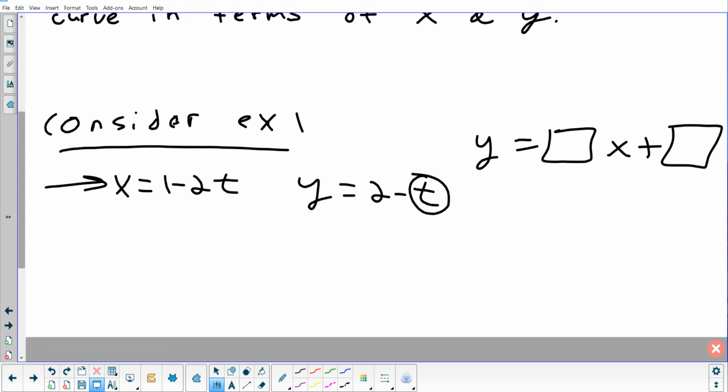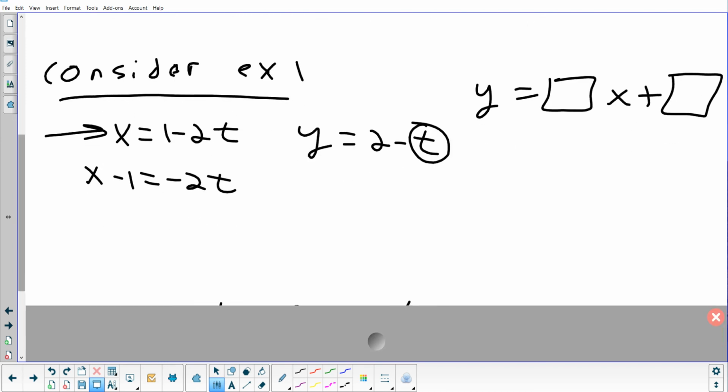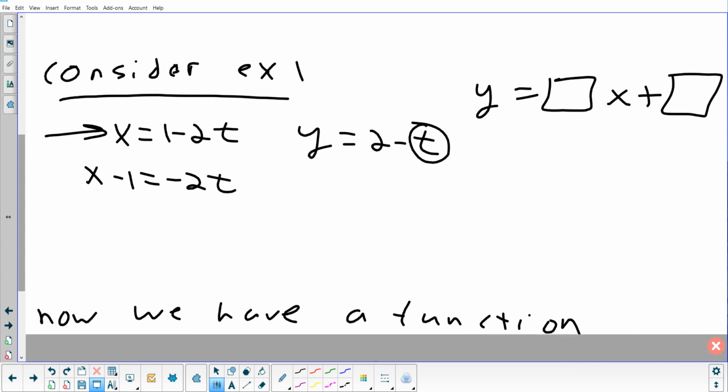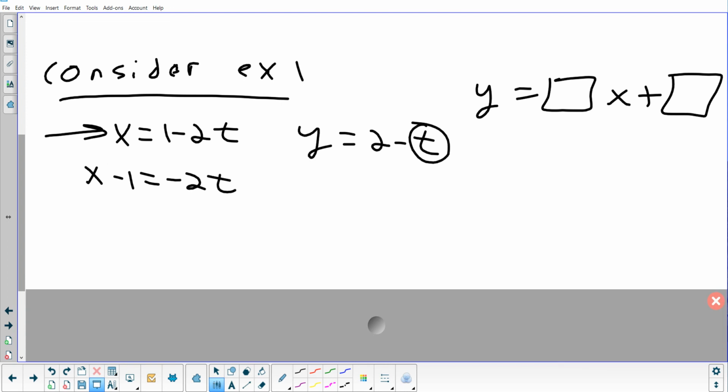Can you tell me the 2 steps, one at a time, to solve for t? Subtract 1. Yeah, and then divide by -2. So what I'm going to do is divide each part of that separately by -2. So that's gone.